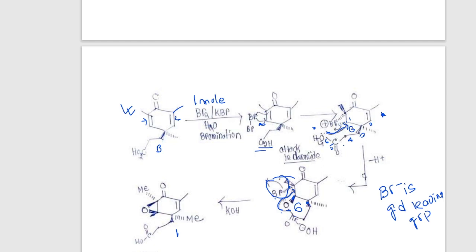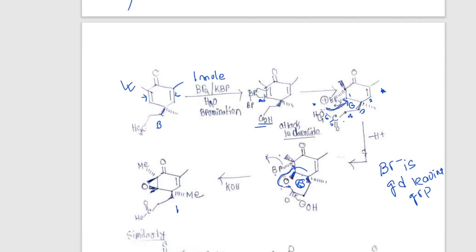That's why this will attack here, and this Br minus will leave. Now one thing you see: this six-membered ring is on the upside.